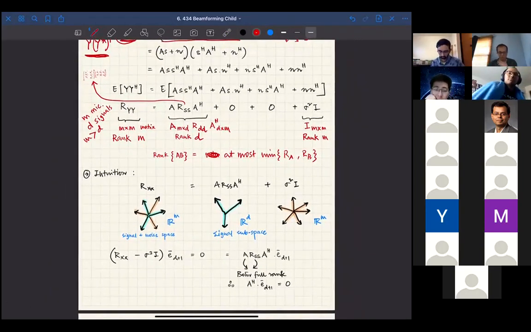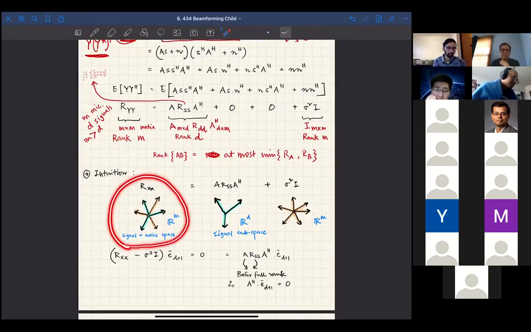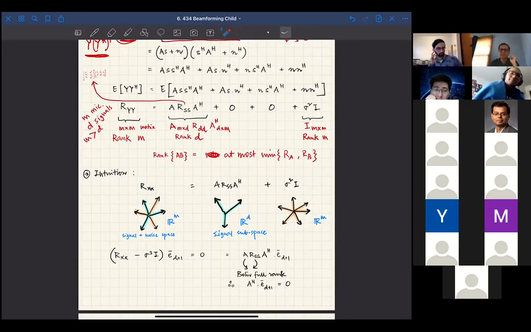Now this is where the intuition comes in. The left-hand side is a matrix of rank M. That means it spans an M-dimensional space.